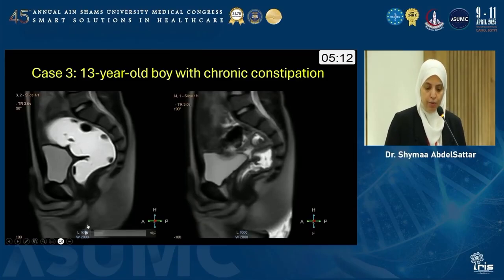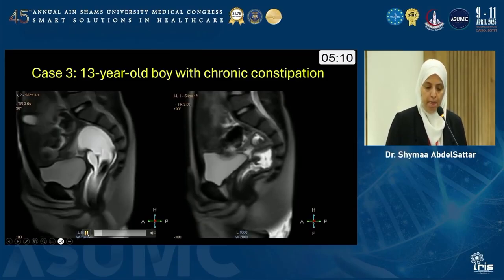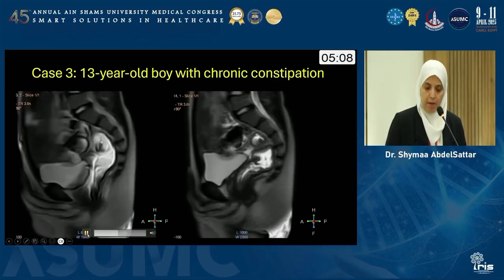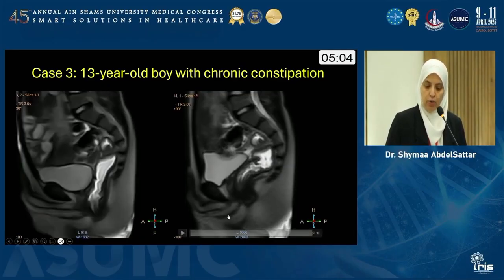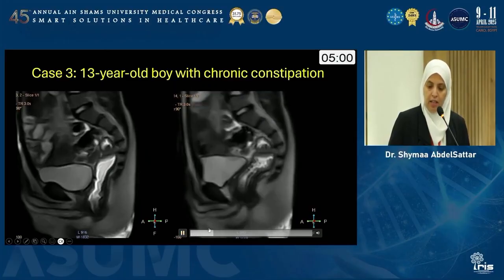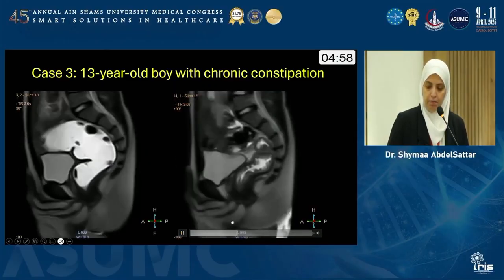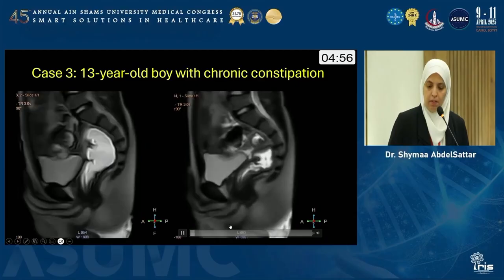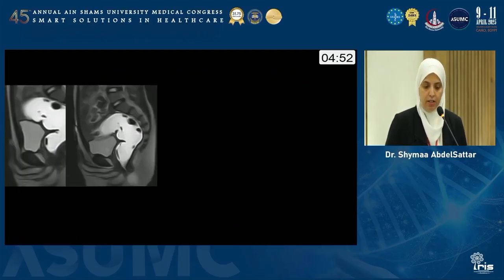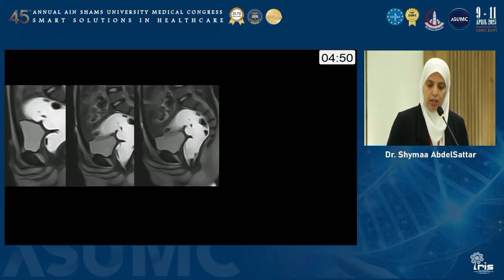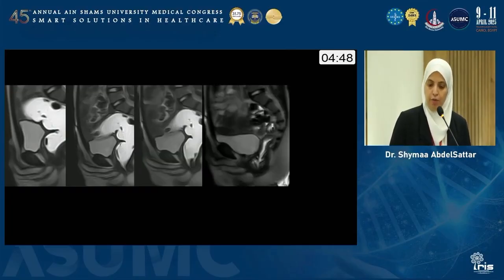At the start of defecation here, there is a partial expulsion of the rectal content, but with marked descent of the anorectal junction. These are the various stages here with descent of the anorectal junction and partial emptying of the rectal content.